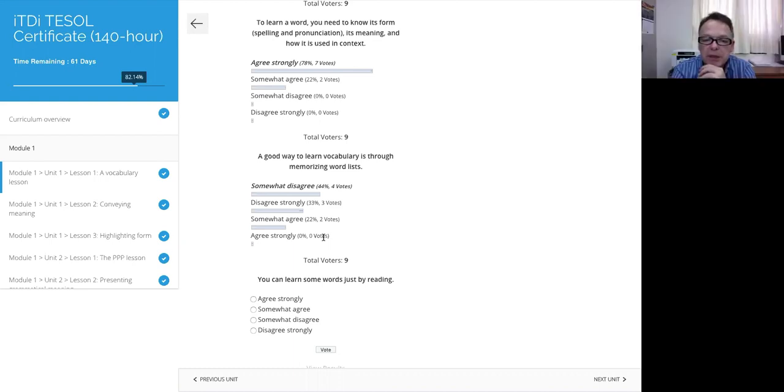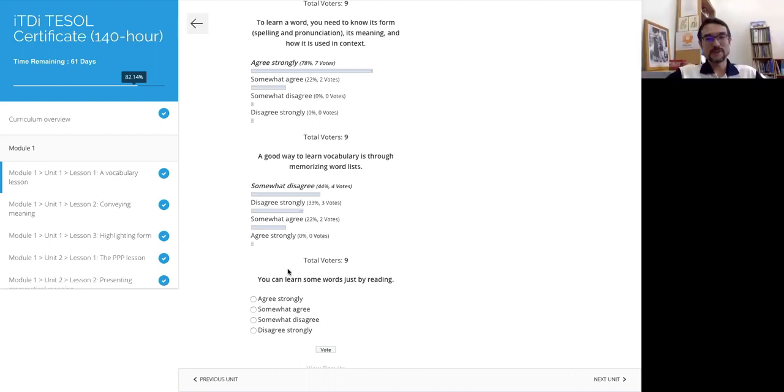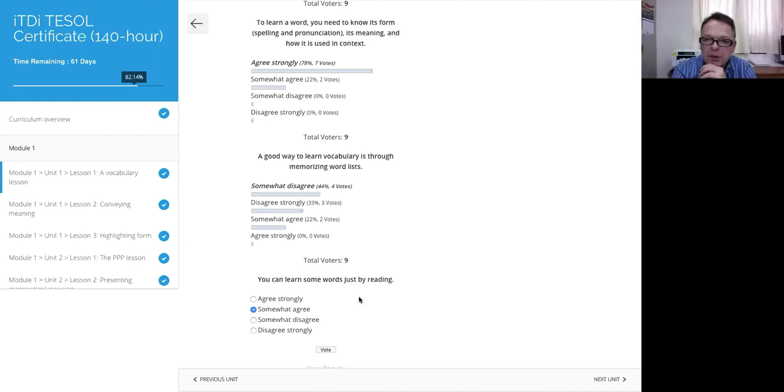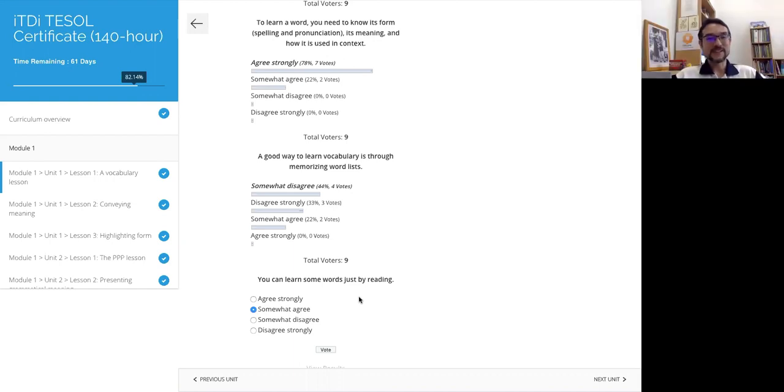Go for it. You can learn some words just by reading. And I will somewhat agree. Oh no, I'm going to somewhat agree as well. What are you thinking? Yeah, I think reading is a great way, and we also get an opportunity to see words in different types of contexts and gradually gain an understanding of what they mean and how they're used.